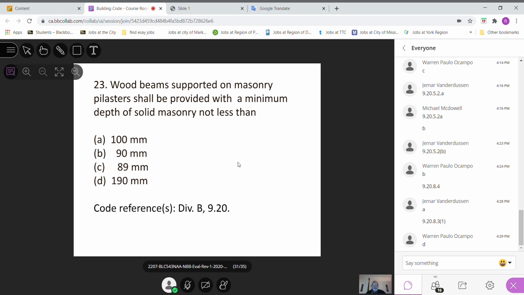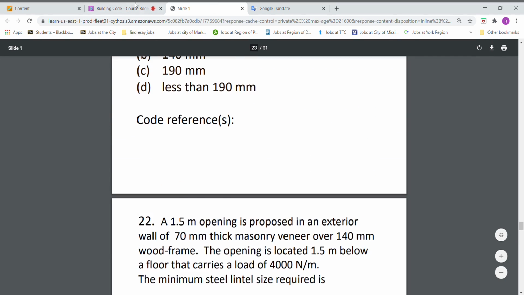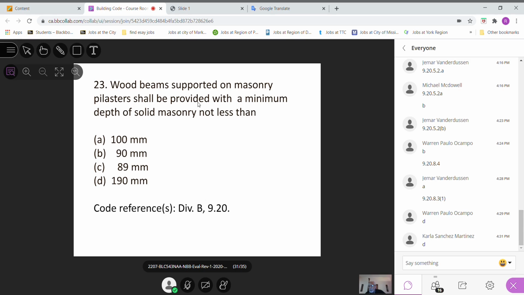Another one, it says wood beams supported on masonry pilasters shall be provided with a minimum depth of solid masonry not less than... D, and the reference this time, Carla, 8.